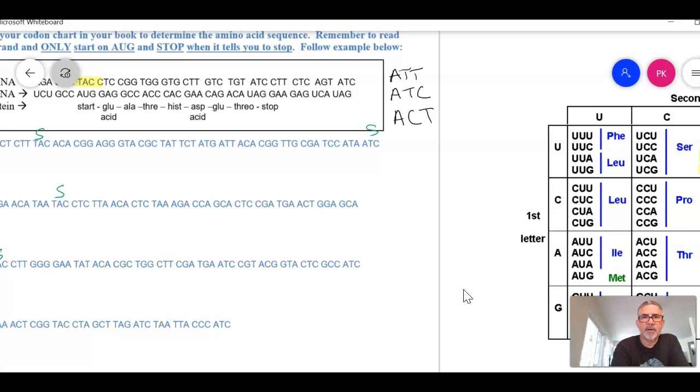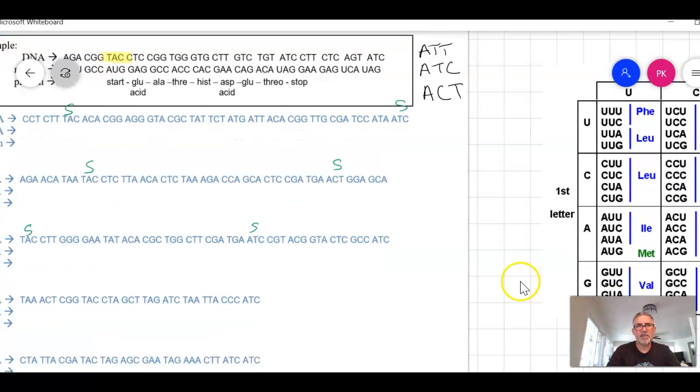I'm searching around. I got an ACT here, so that's going to be my stop. All right, we come to my next one. I got my ATC, so that's going to be my stop. So find your starts and your stops, and that would be my advice to you.